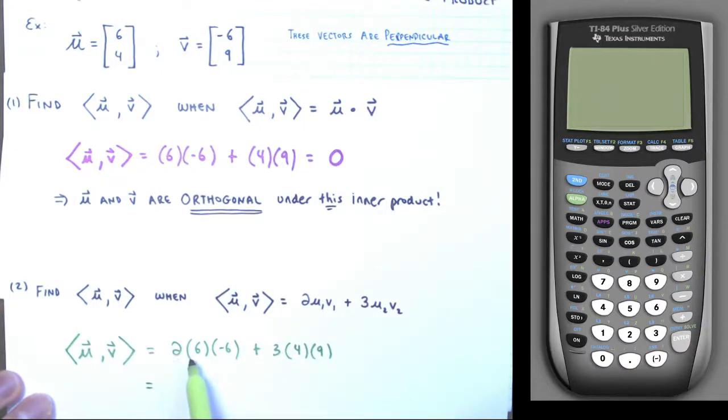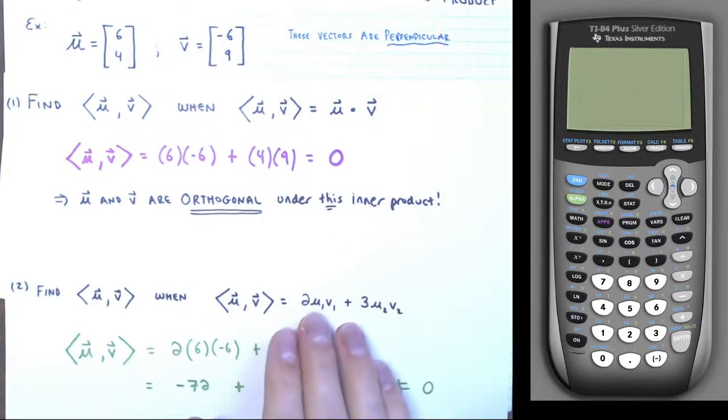So this is 2 times -36, so -72, plus 3 times 36, 108. But this is basically -2 36s plus 3 36s. That's one 36. This is positive 36. Which, notice, is not 0.